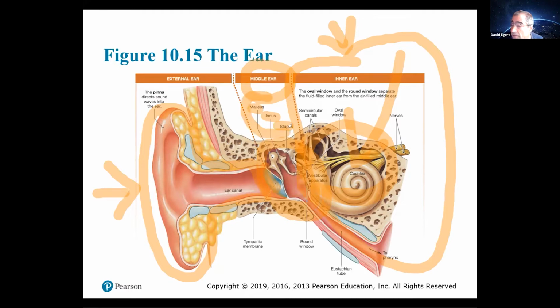And they are basically helping efficiently transmit the vibration of the eardrum, the tympanic membrane, so we can efficiently deliver that vibration into the fluid-filled world of the inner ear. So a big part of what the middle ear is doing is providing this ability to efficiently transfer the air vibration into a fluid vibration inside the inner ear.